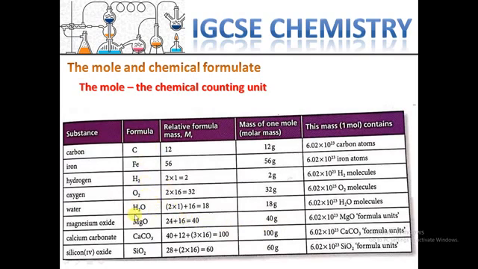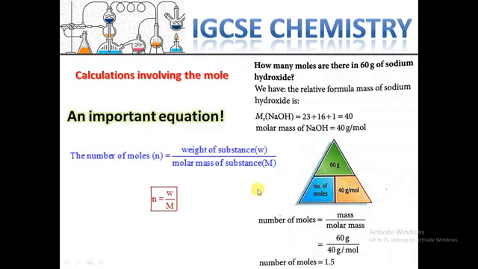If we have a formula, we can measure the relative formula mass that we learned in the previous section, and this number can be considered as grams, like each 18 gram, and each gram of molecule or atom is equal with a constant number of atoms or molecules.